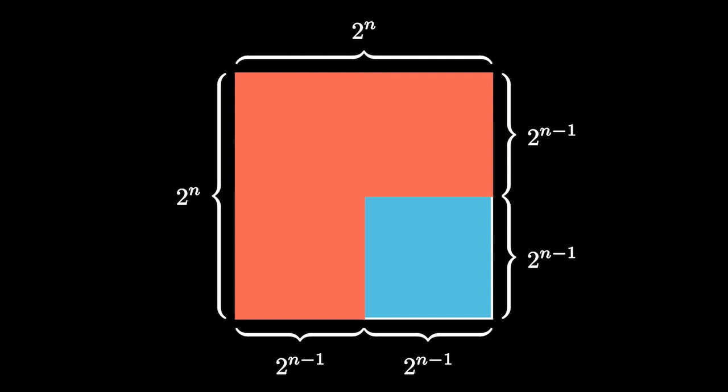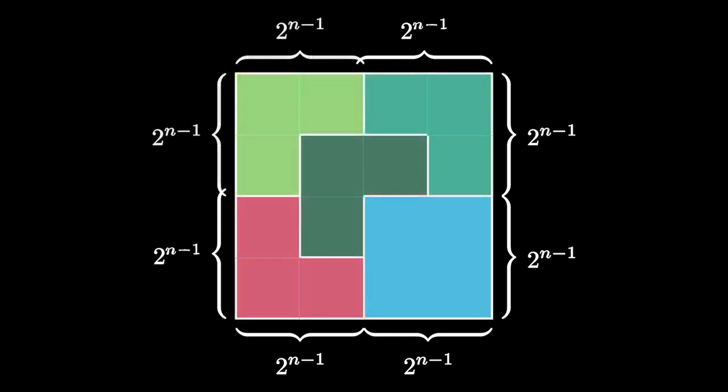Now, if there are natural numbers that are not in this set, let's again take the smallest one and call it n. Again, we can solve the quadrant with the missing square by the fact that we know n minus 1 is solvable. And now for the remaining L shape of length 2 to the power of n, we know we can tile it with 4 L shapes of length 2 to the power of n minus 1.